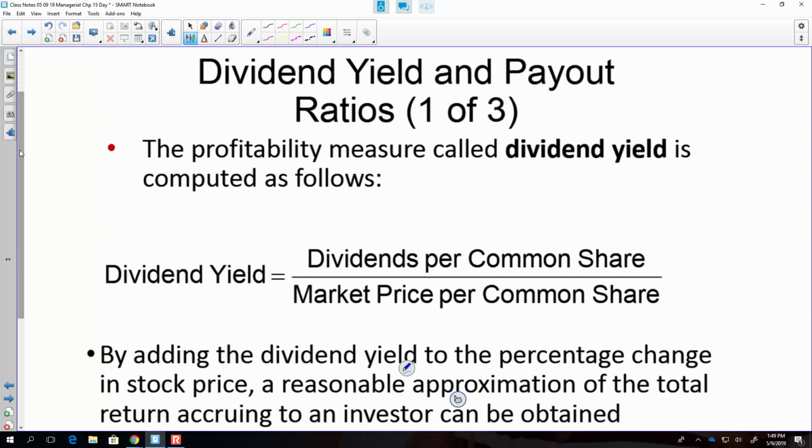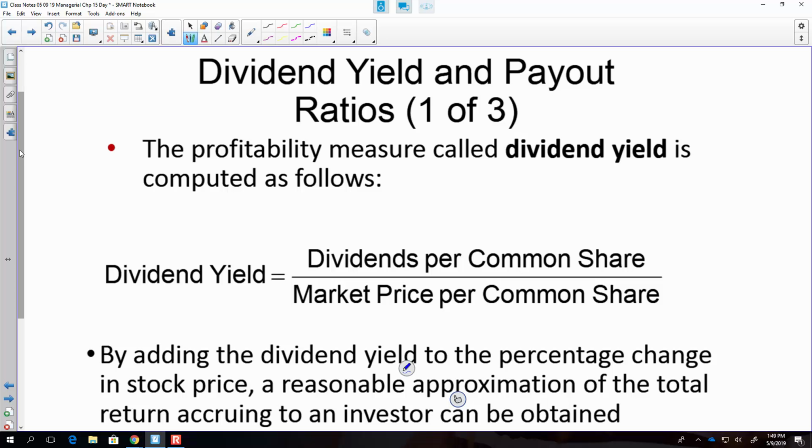Dividend yield. Investors would like dividends. A lot of our investors like dividends. So this is just a way of measuring, is the dividend large enough for the price maybe that I spent for that common stock? So very similar to our return on common stock, right?